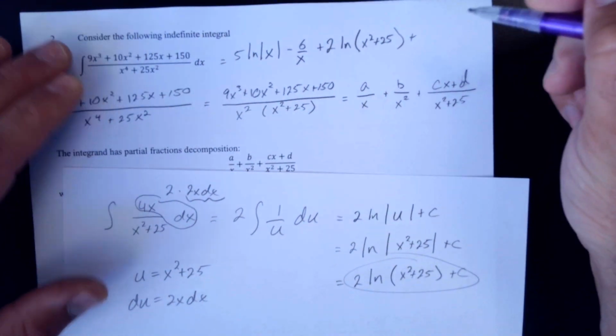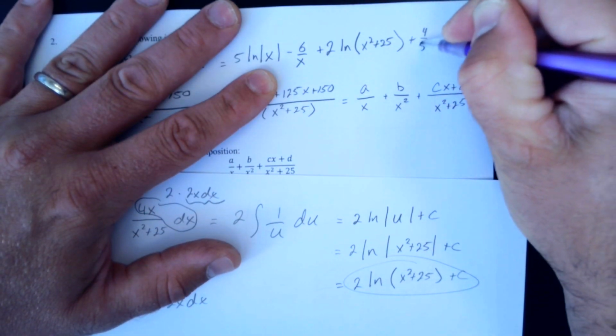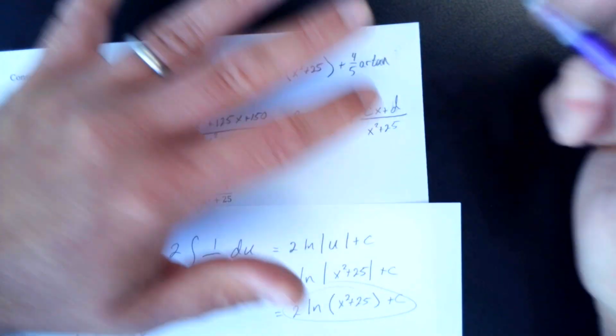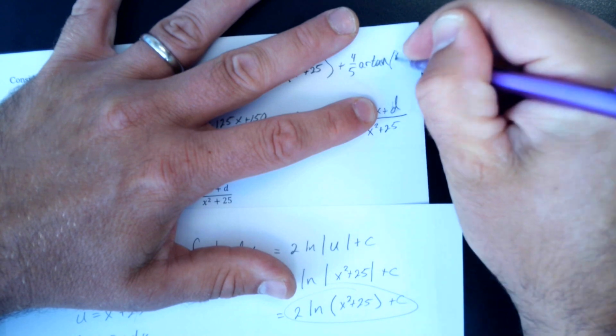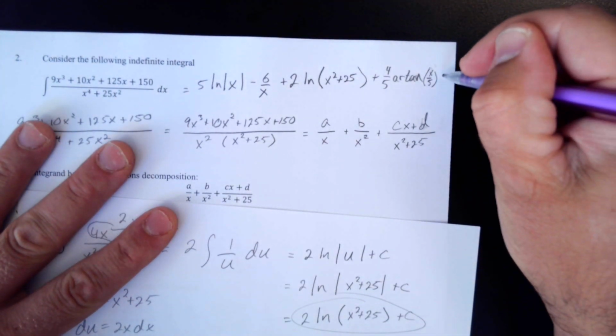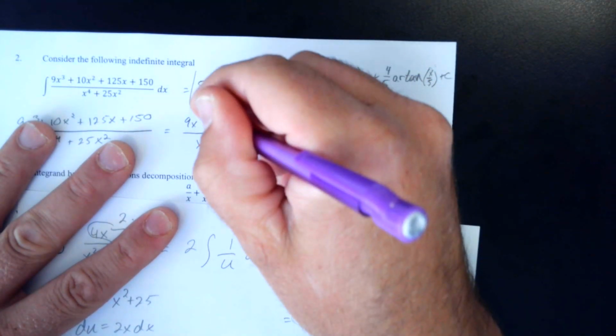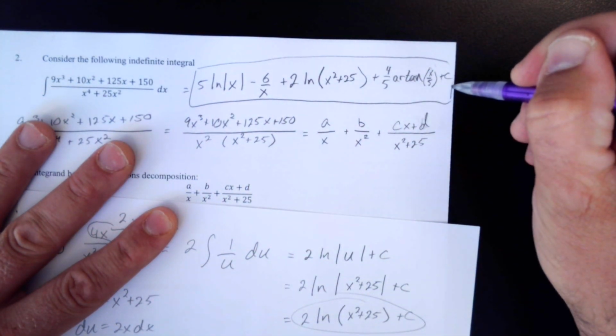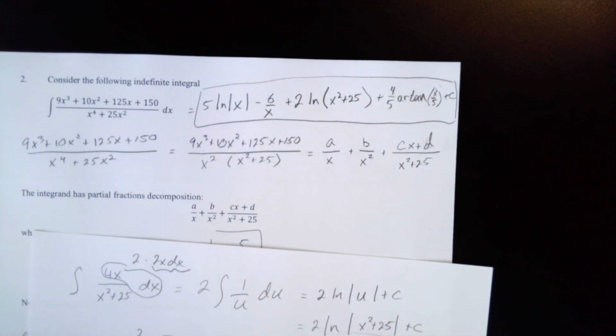So plus 4/5 arctangent of x over 5. And then finally, after all that work, I put a plus c. So there's a lot going on in that problem.